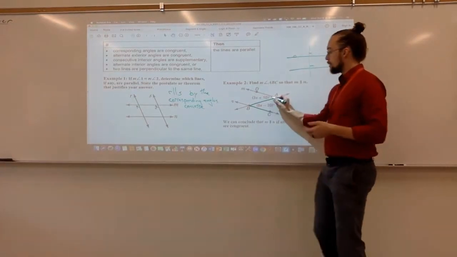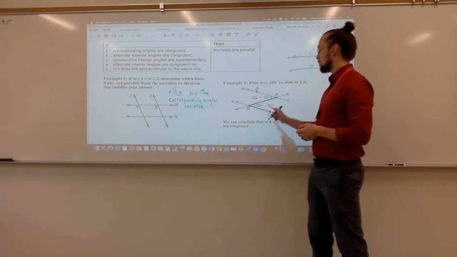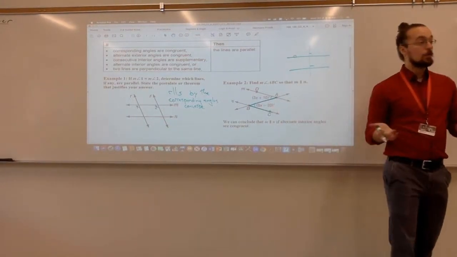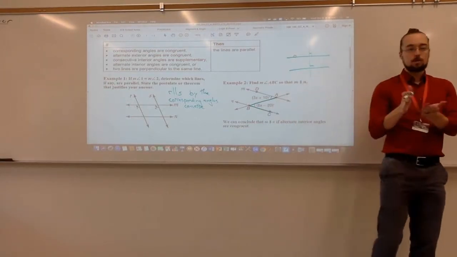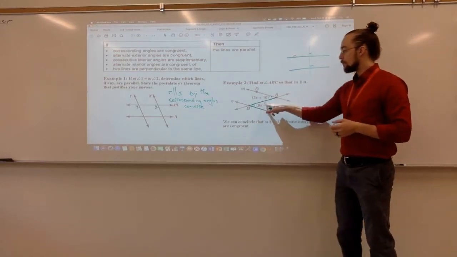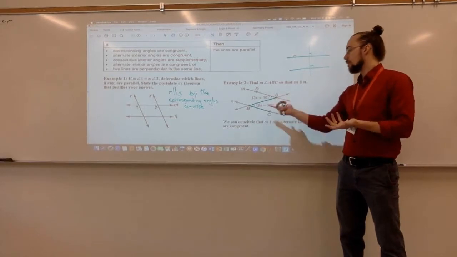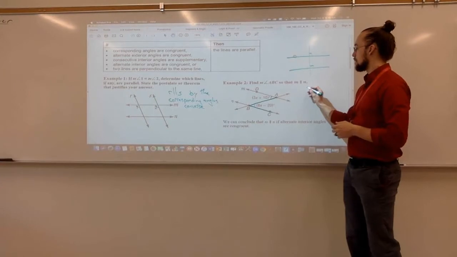Hopefully we can use a little bit of common sense for that too. Our only two options are they're equal or they add to 180. These are pretty small acute angles, so there's no way those are going to add to 180. So even if you forget whether alternate interior angles are congruent or add to 180, use a picture and a little bit of common sense.